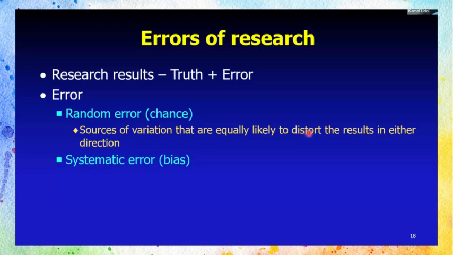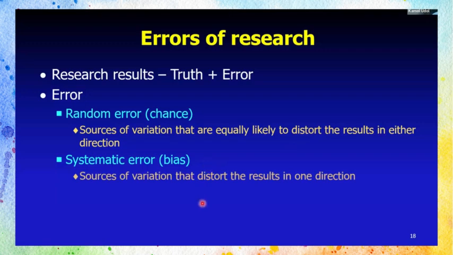It happens at random. But for systematic error, there are sources of variation that distort the results in one particular direction. So for systematic error, there is direction. If we have this type of error that overestimates, the results will be greater than the truth. If that kind of research is repeated again, it will again overestimate the result.